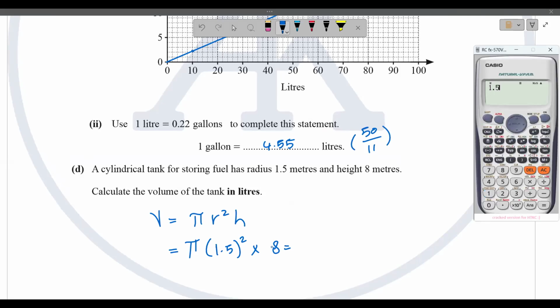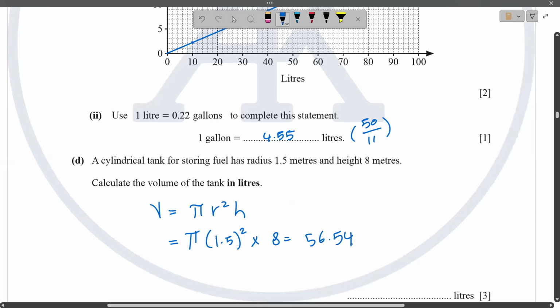So 1.5 squared, then multiply by pi. It's equal to 18 pi, which is 56.549 meter cube.